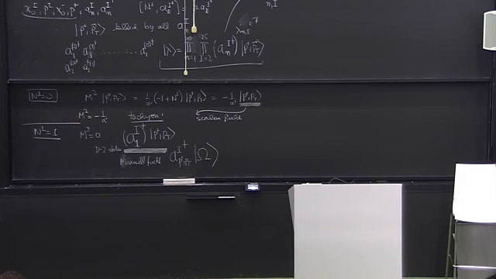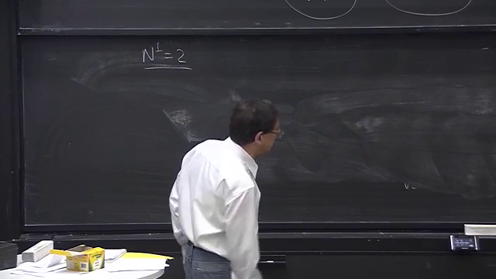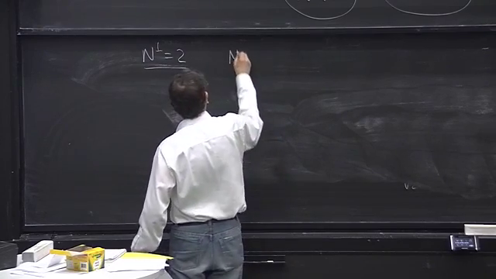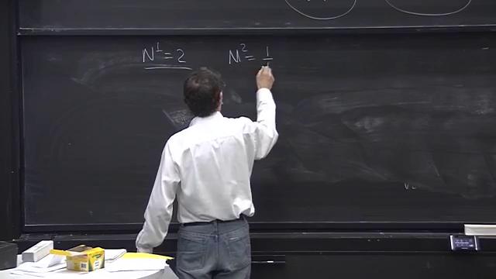We can go one step higher. It's still interesting. And n perp equals 2. OK, how do we get n perp equals 2? Well, that's going to be m squared equal 1 over alpha prime.